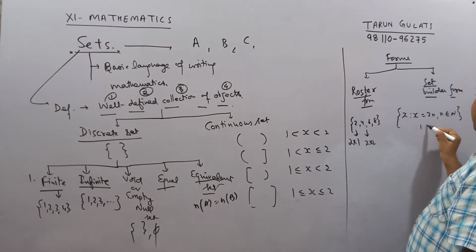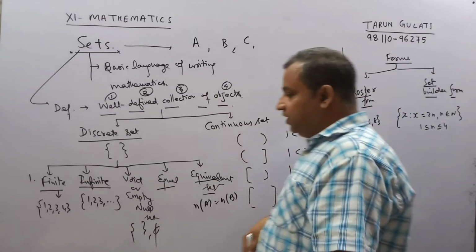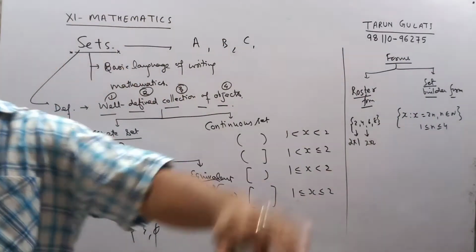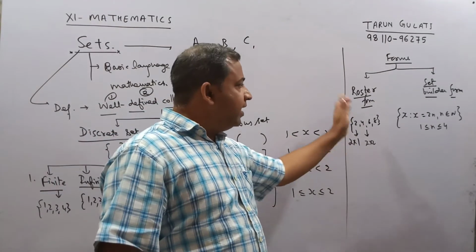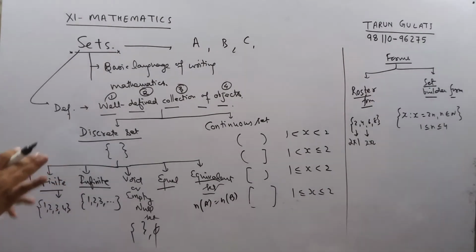So 1 is less than or equal to n is less than or equal to 4. n lies between 1 to 4. This is known as roster form, and this is known as set builder form of a set.